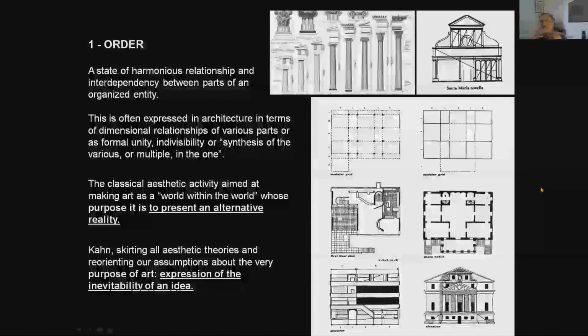In architecture, quite often we express this through the use of geometry, proportions, scale, etc., relationship between various dimensions, to indicate a kind of unity, a formal unity amongst various components of the form, of the elements. In classical aesthetic theories, order is known as constituting a world within a world.